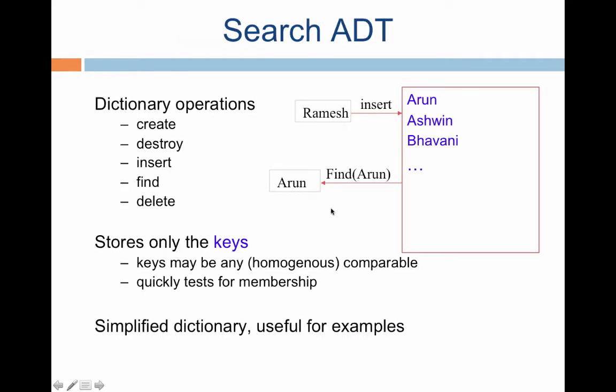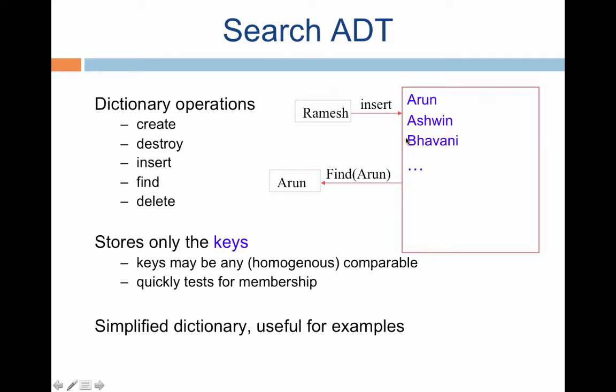Now, in the rest of the lecture we are going to look at how to implement this dictionary abstract data type. We are going to look at how to store keys so that we can extract them quickly. Observe that here I've removed all the attributes. I've just put in exactly the keys that I want to store. The attributes can be stored by some other method, using some other approach.